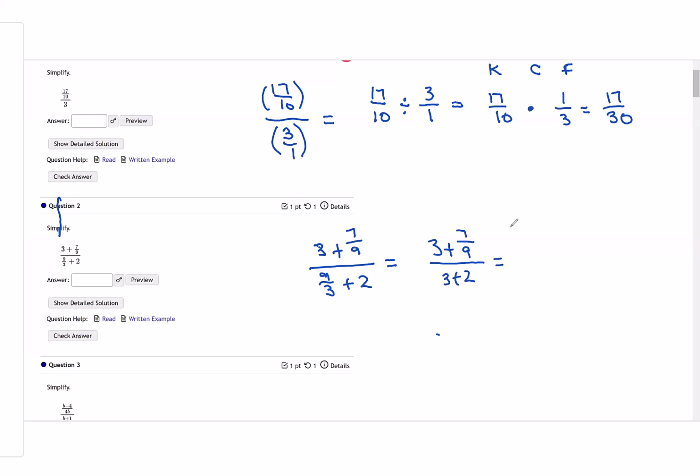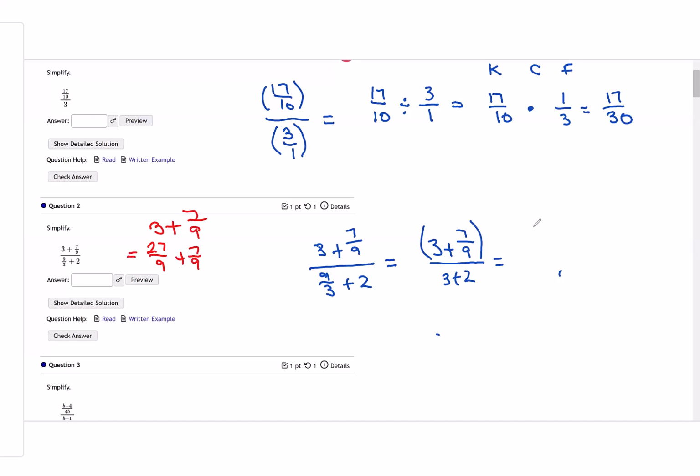Now we need a common denominator in the numerator. And if I add 3 plus 7/9, common denominator would be 9, which gives me 27/9. 27/9 is 3.